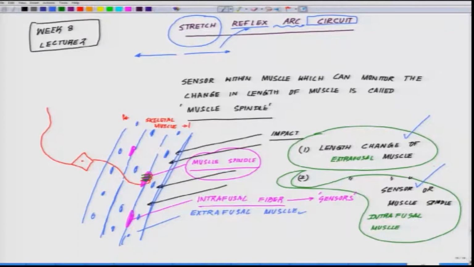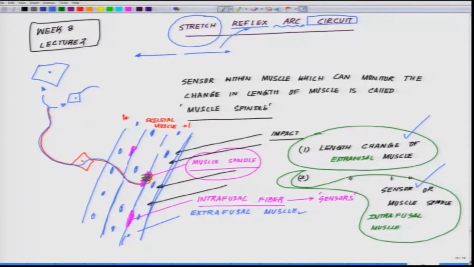Completing the circuit, just follow my pen: the signal goes all the way there and gets split into two neurons, alpha, the large one, and the small one, the gamma motor neuron.